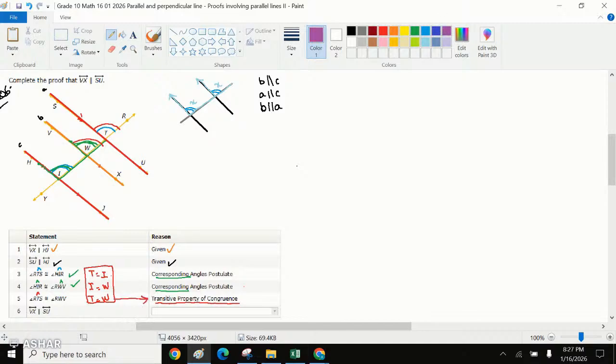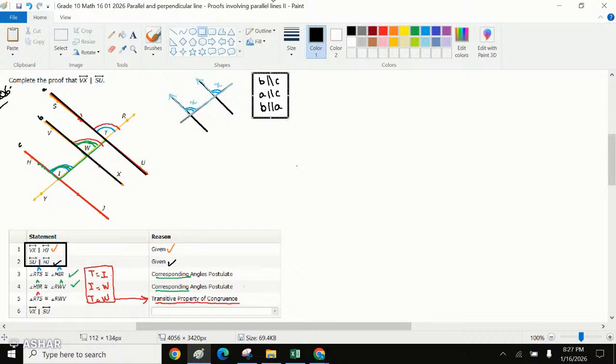The last statement that they want us to give the reasoning for is VX is parallel to SU. Let's see, where is VX? Keeping in mind the first two properties that we had, which we proved over here.